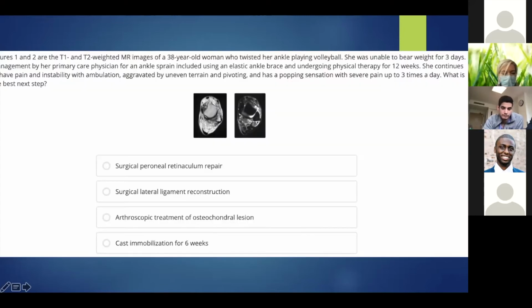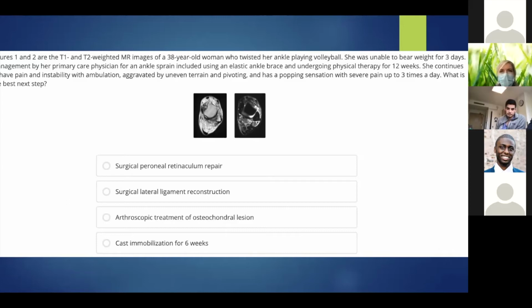So what is your thought for this lady? Yeah, so because the peroneals are grossly subluxating out on MRI and likely also on exam, I would say A would be the most appropriate choice here. Right. Because again, as we'll talk about later, dislocating peroneal tendons are very difficult to get to go away without surgery.